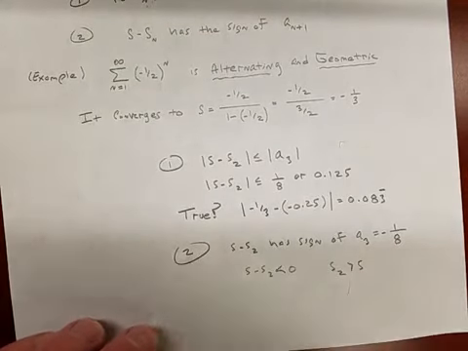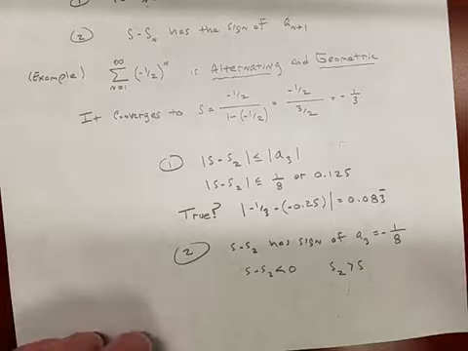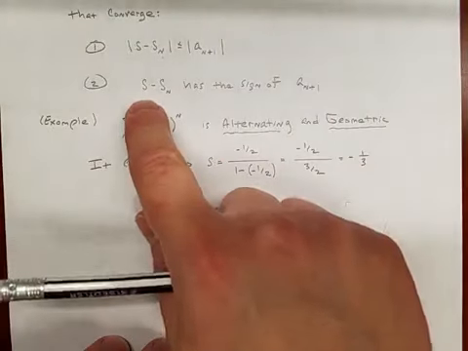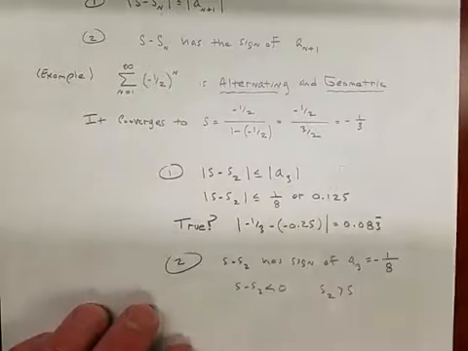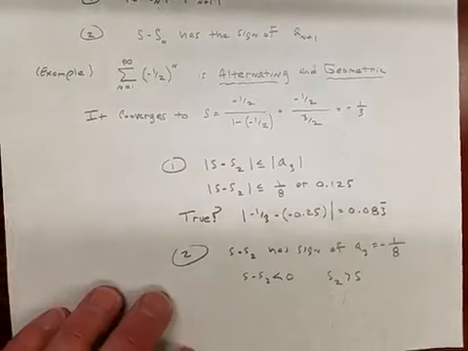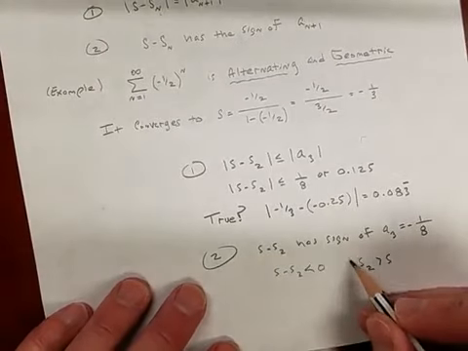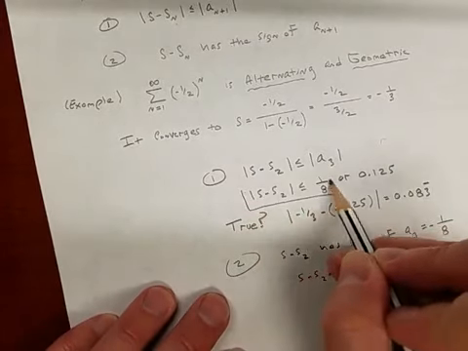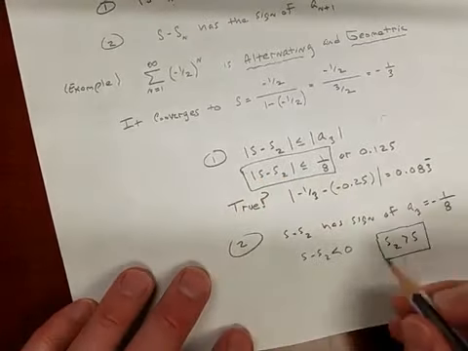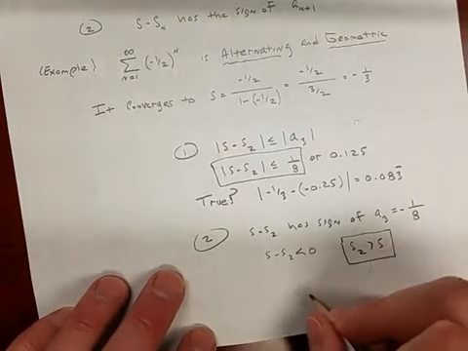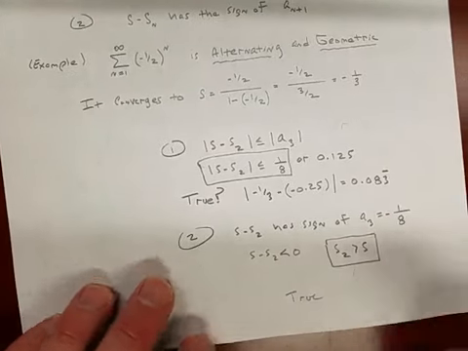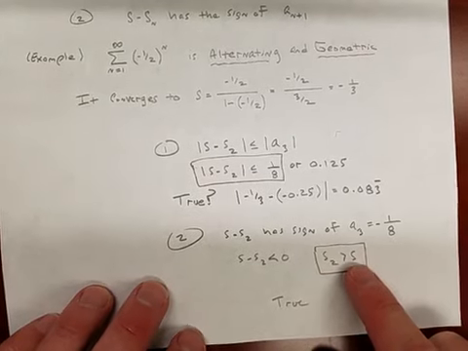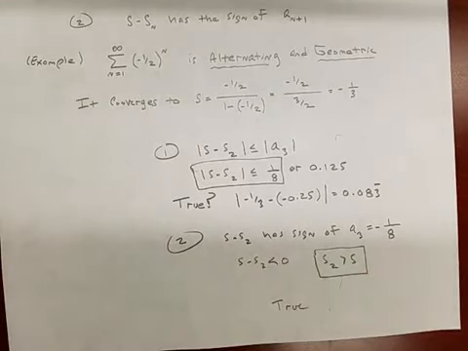It's alternating. Like I said, you're going to be too high and then you're going to be too low, and you never exactly get S as you add and add and add. Too high, too low, too high, too low. So there's my prediction. This was the first prediction I made according to the test. Here's the second one. Is it true? Is the sum of the first two terms actually bigger than the ultimate sum?